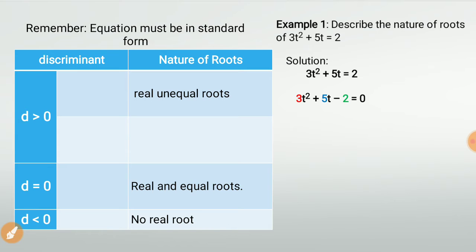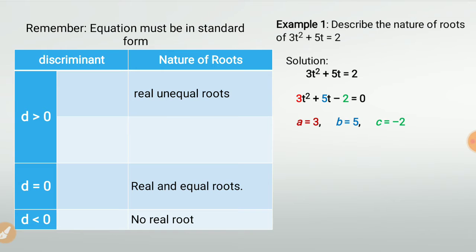As you can see, the coefficients of the first, second and third terms are highlighted with different colors: red, blue, and green. These are known as A, B, C.